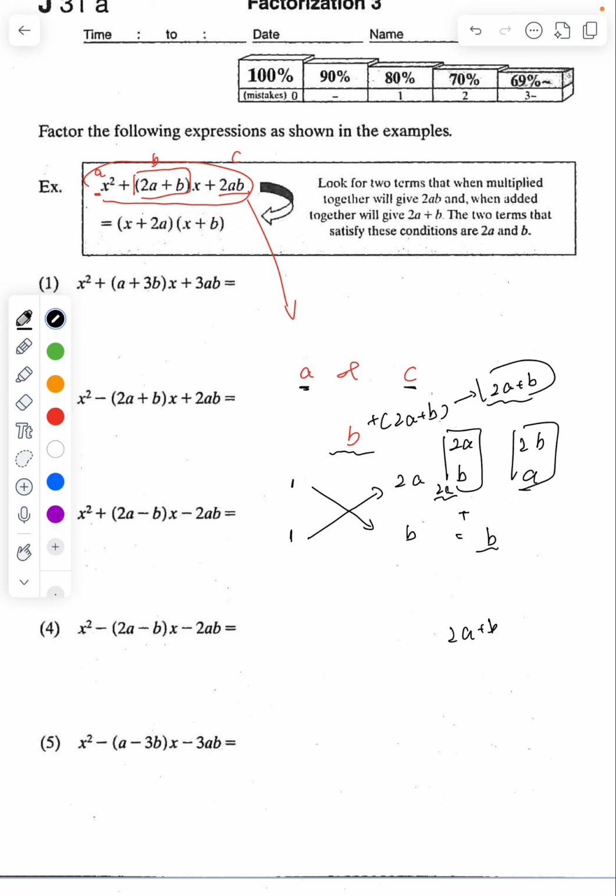In this case, our factorization looks like 1 times x plus 2a, so this is our first factor, and then 1 times x plus b, that's our second factor. So it will be x plus 2a, x plus b. And that's how we do our factorization this way.